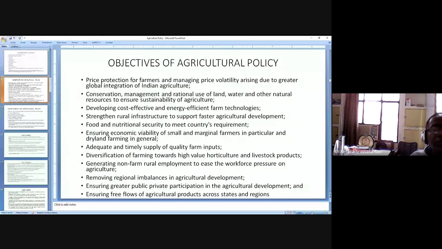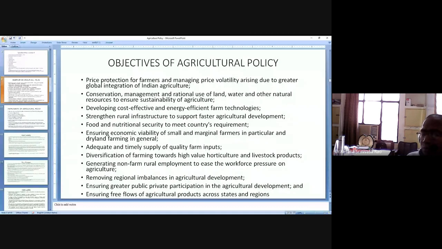Then, developing cost effective and energy efficient farm technologies. Nowadays, day by day, the agriculture labor interested to work in the agriculture sector is declining at a rapid rate.